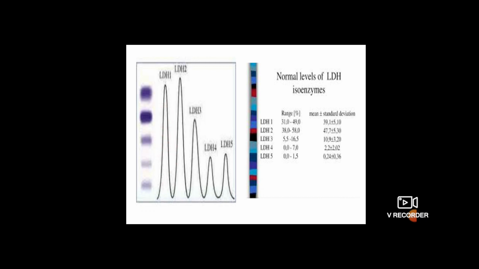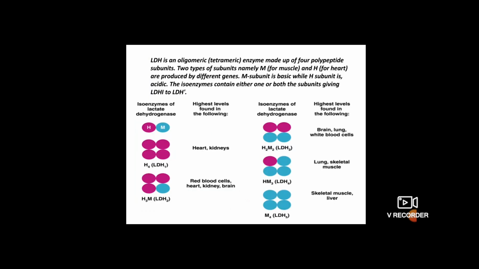Which band is more dense tells us, for example, that in this person LDH3 is increased, or LDH4, or LDH1. If any one of these is increased, then we can easily predict the diagnosis, or say which organ is getting damaged based on the location.